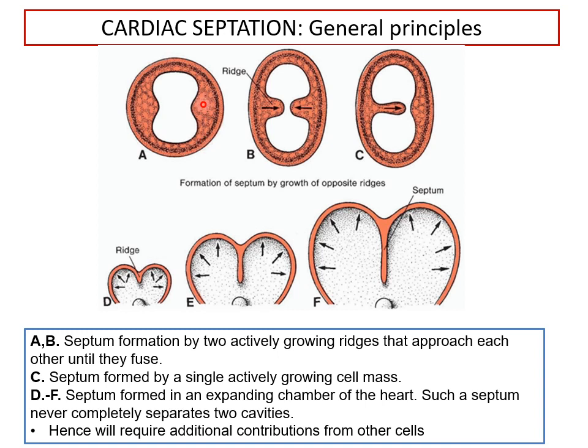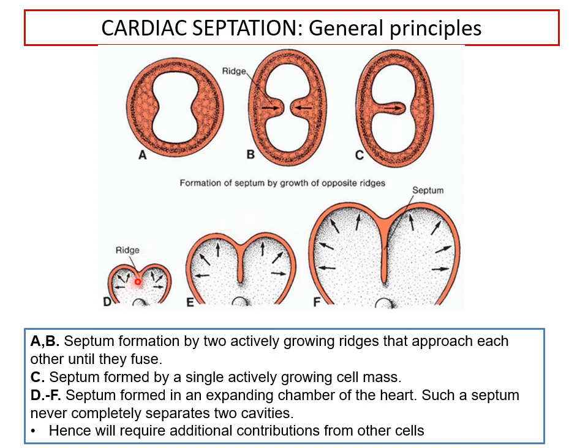So the first way we can partition, you can think, is two ridges can grow from opposite sides of the chamber and meet in the midline somewhere, and then partition the chamber into two, correct? Now these ridges can grow from side walls or from the roof or floor, whatever. The second way in which we can partition is that from one wall, it might be roof, floor, or any wall, a single partition tries to grow and reach the other side.